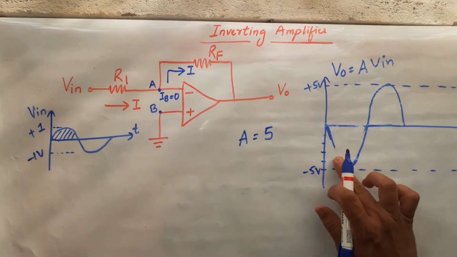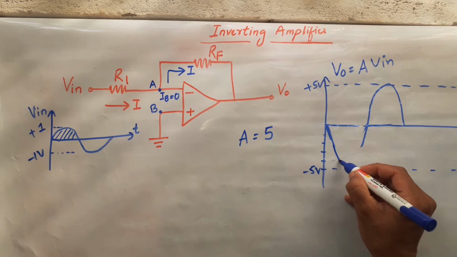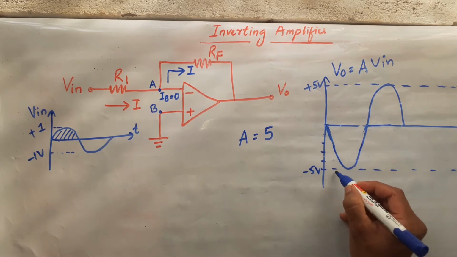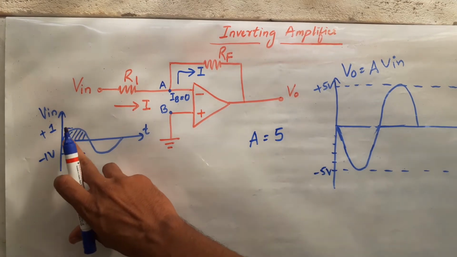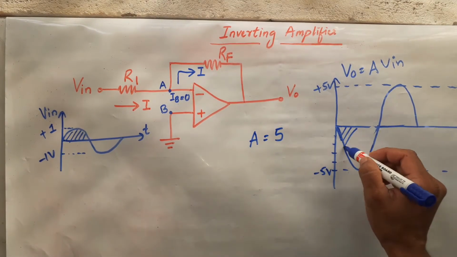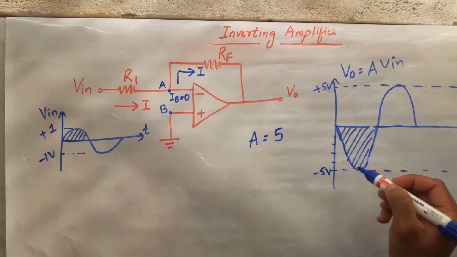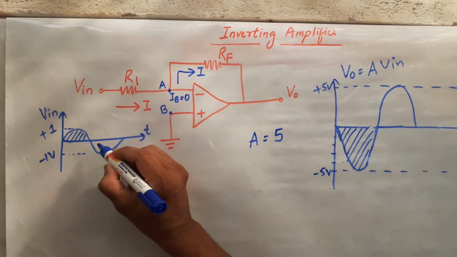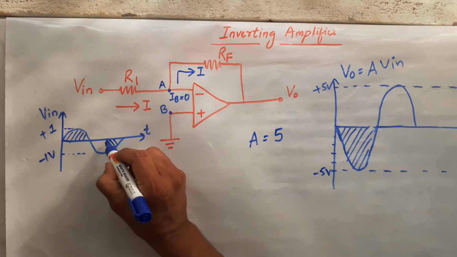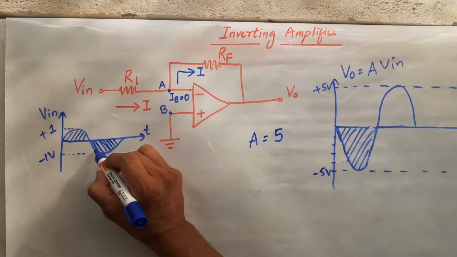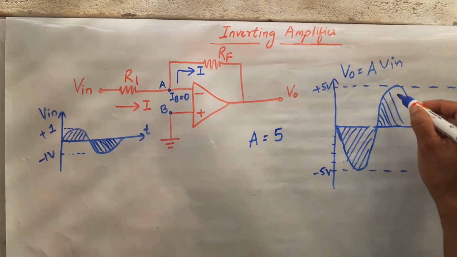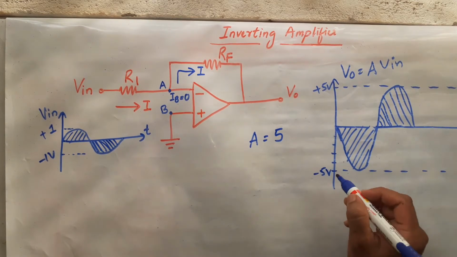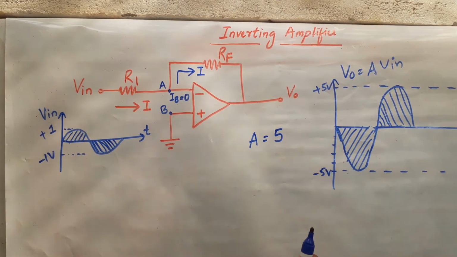Just compare your input and output. If this is the input, for this half cycle you will get this. And for negative half cycle you will get positive half cycle like this. And amplified by 5.